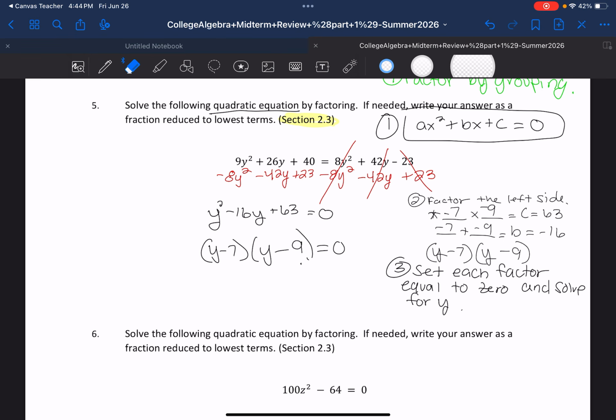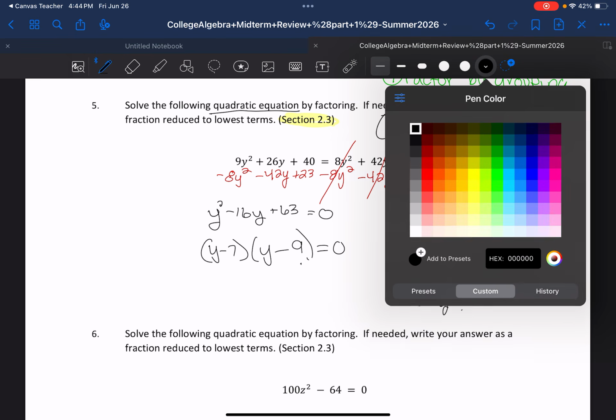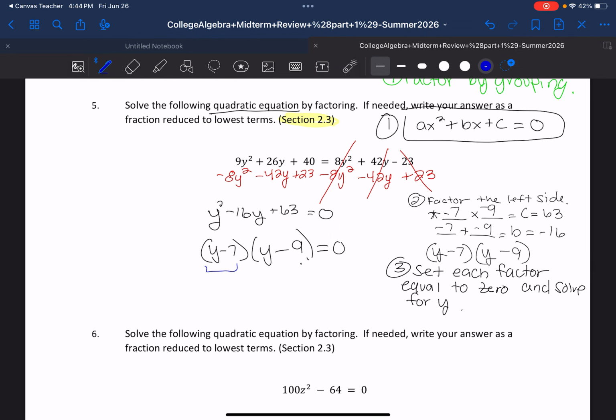So all I need to do is take both of these factors, y minus 7, and then the y minus 9, and set them equal to 0. So y minus 7 equals 0, or y minus 9 equals 0. And then I solve both of these equations separately. So I add 7 to both sides, so y equals 7 is one answer.